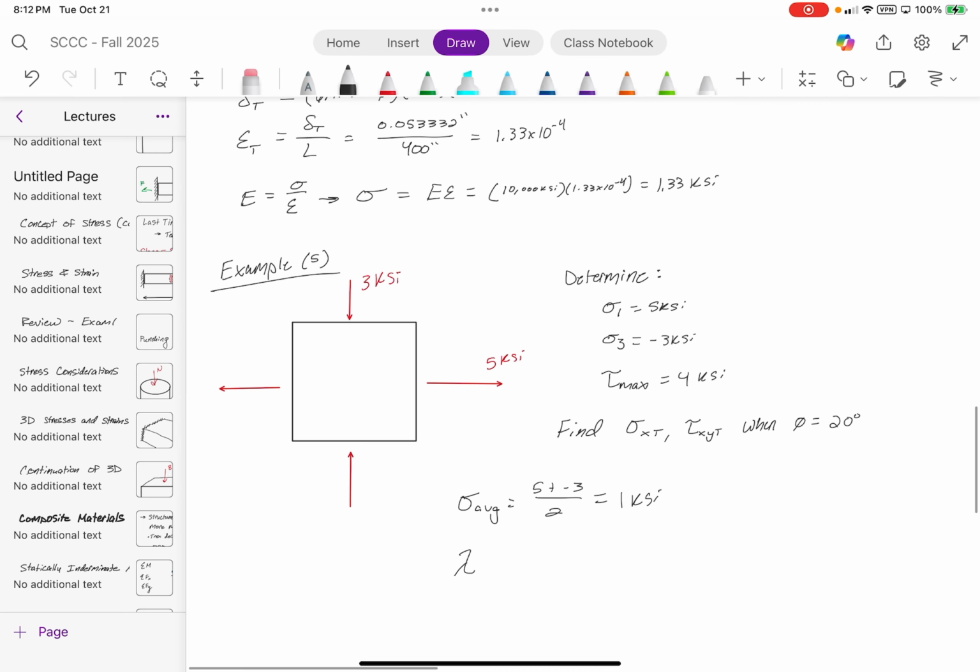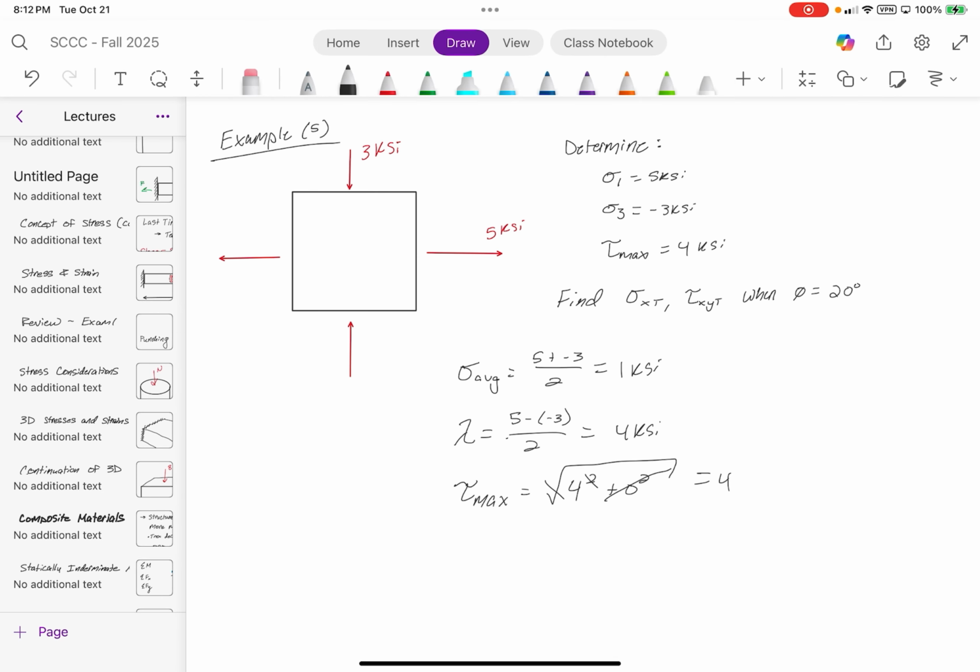Or lambda is equal to 5 minus negative 3 divided by 2, which is 4 ksi. Then 4 squared plus 0 squared, the squares cancel out, so it's just 4. The real trick with this one was just recognizing that those were the principal stresses.